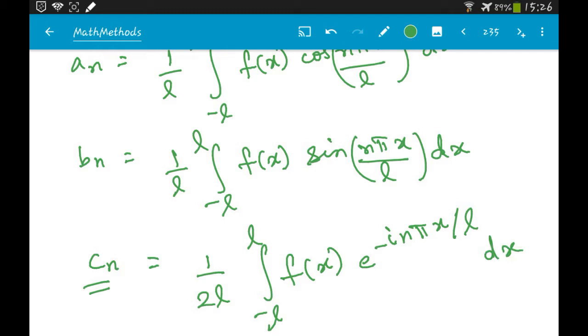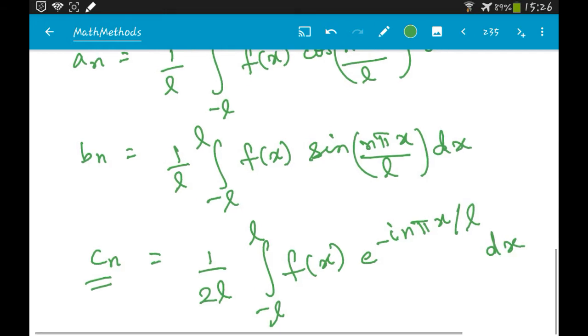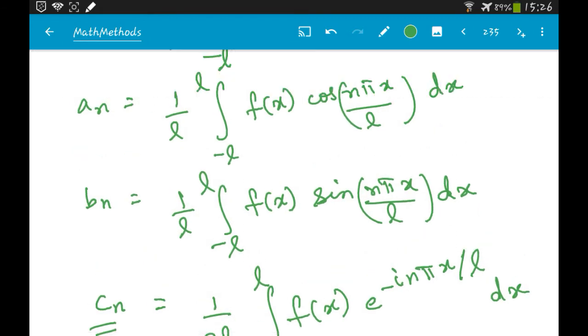Okay. So this is going to be the formula for the coefficients.